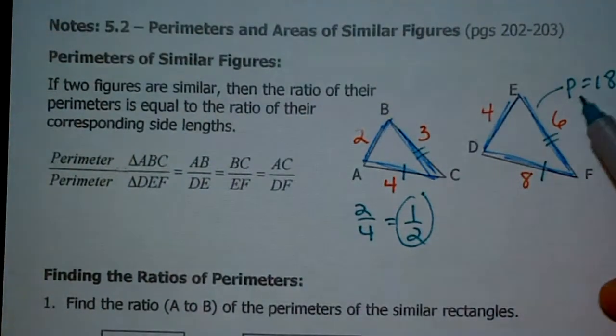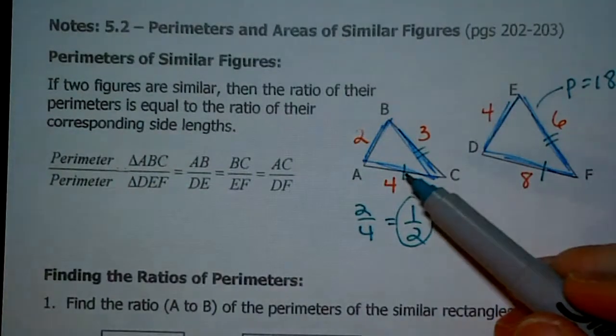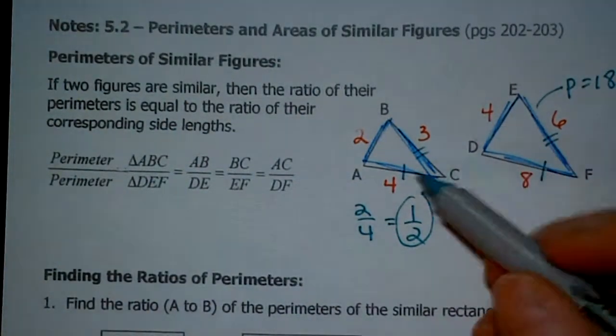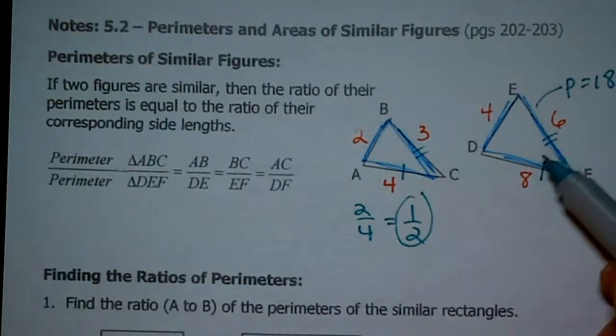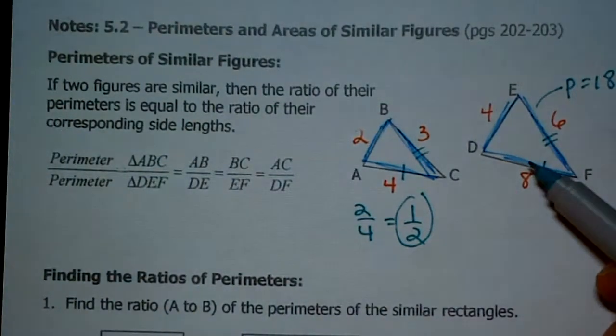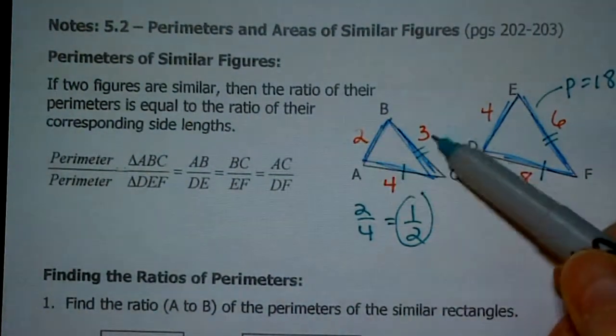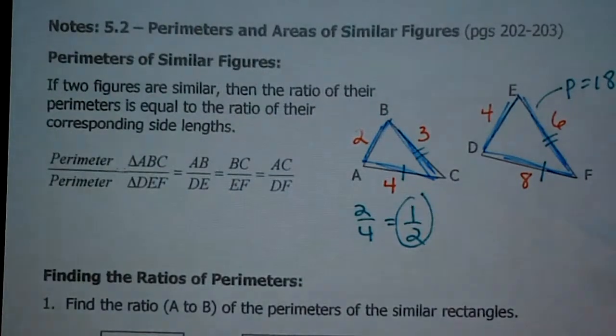So if the perimeter of DEF is 18 and the perimeter of this is 1/2 of that, what should the perimeter of this one be? What's half of 18? It's 9, right? Well, 2 plus 3 is 5, and 5 plus 4 is 9.